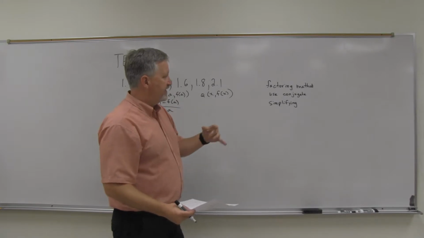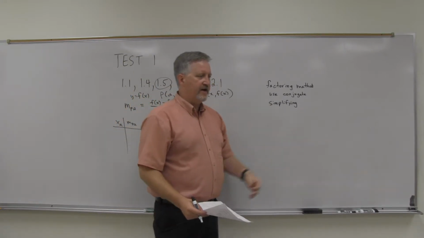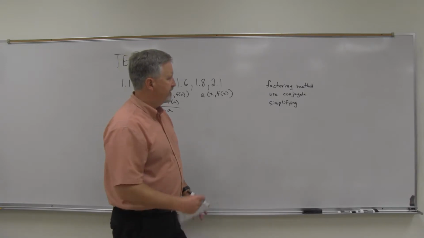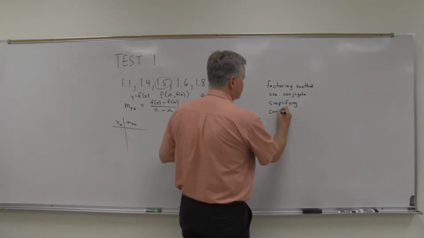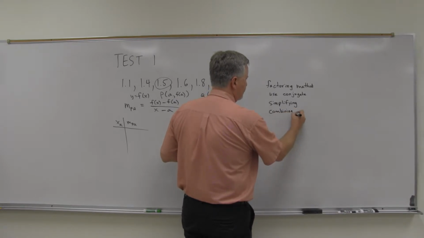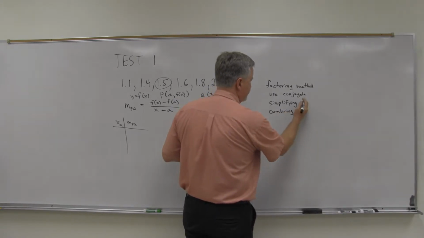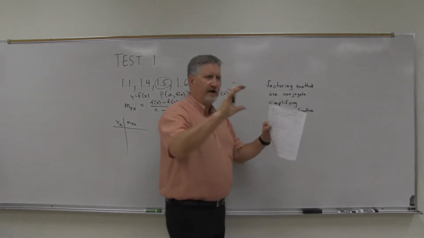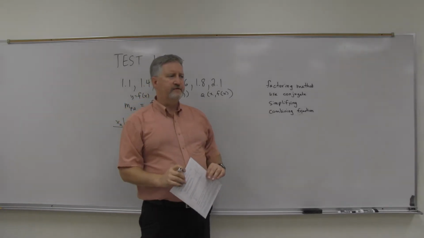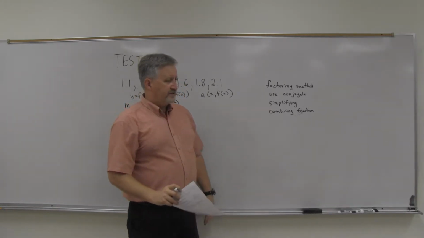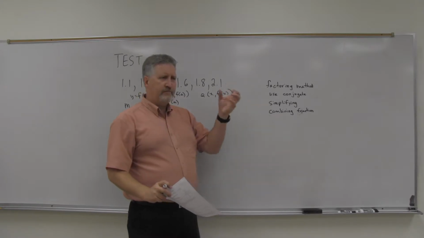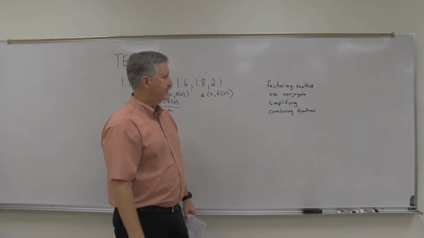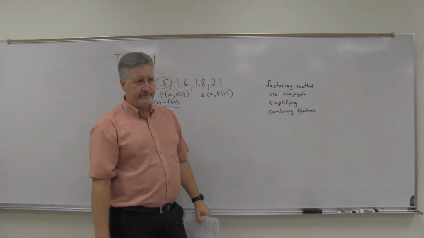If we can't plug in the value, simplify that, multiply it out, and that sort of thing. And then combining fractions, in your numerator or denominator for that matter too. You might have a complex fraction, meaning a fraction on top of a fraction, but yeah, you might need to combine fractions into one fraction. So those are techniques we talked about.